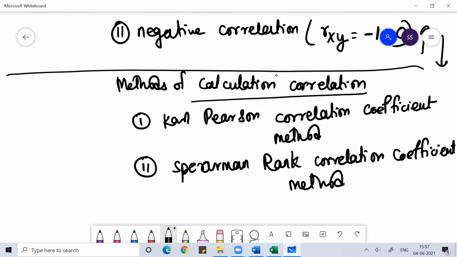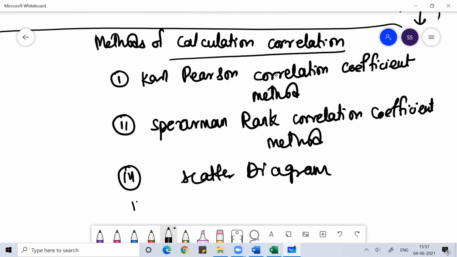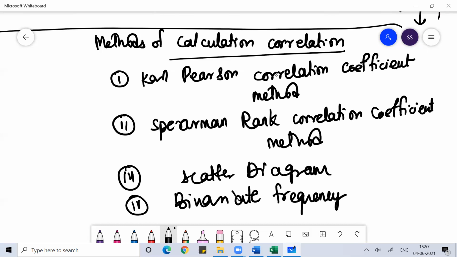We can use Karl Pearson, we can use Spearman, then we can use the scatter diagram. We can use the bivariate frequency distribution method.